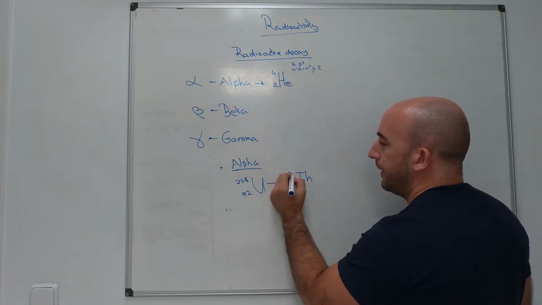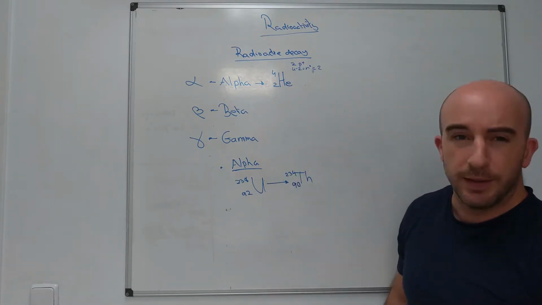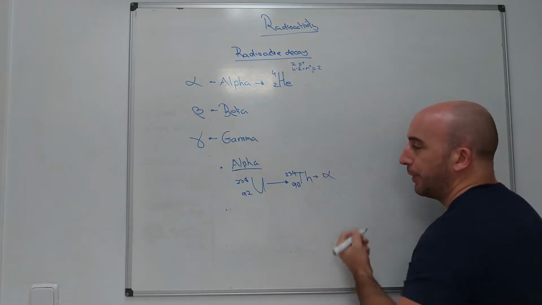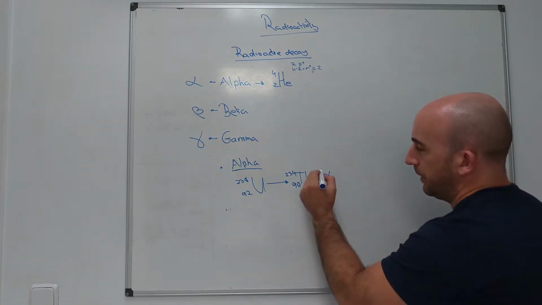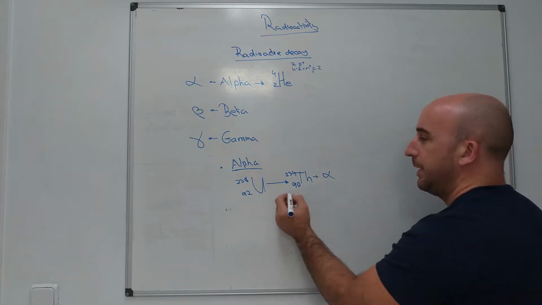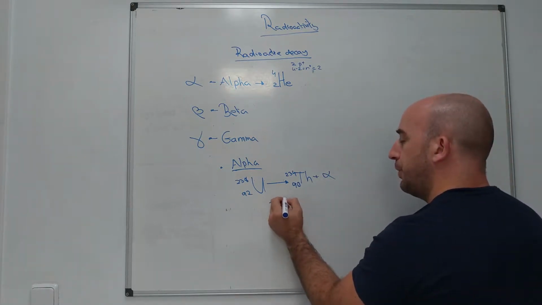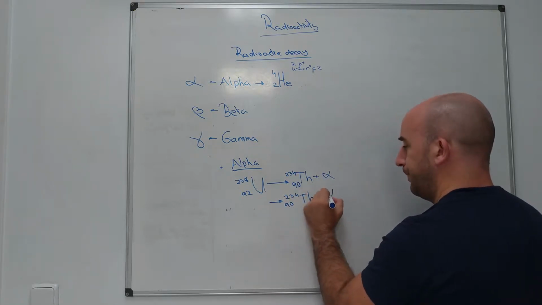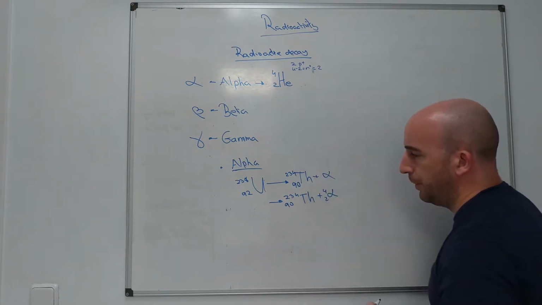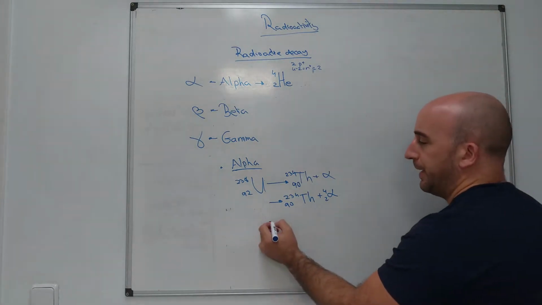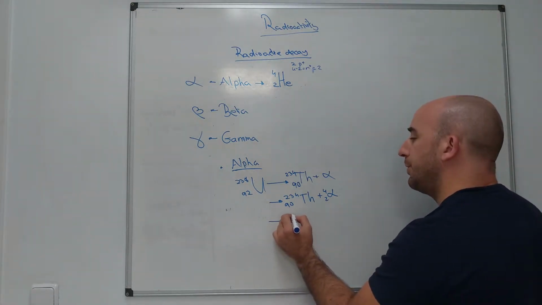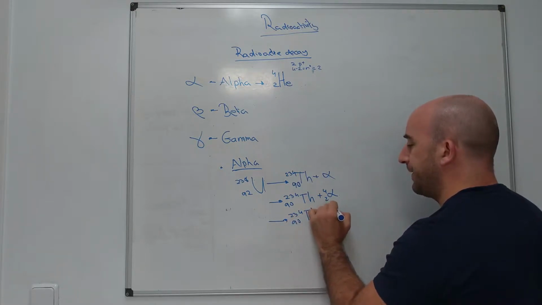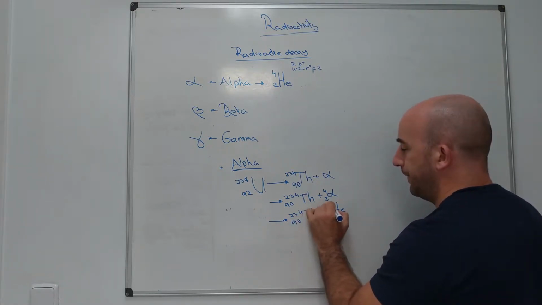Thorium 90. We can express this both this way. There's alternate ways of writing this, or you can see it this way, which is showing the particles that it loses, or you could see it this way, and all of them represent the same alpha decay.